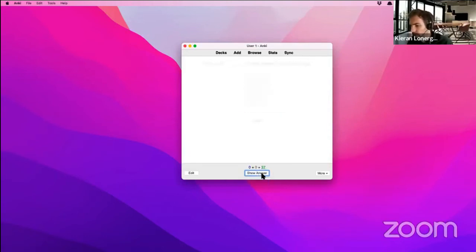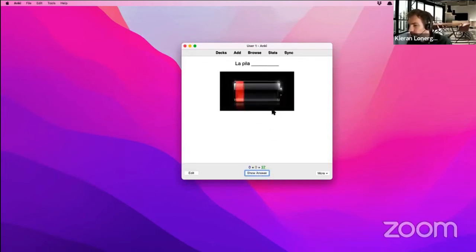And here we have another flashcard, la pila. Obviously, it ran out of battery, so the word I'm looking for is the word in Spanish that means that something runs out. And this is the word here, se agotó. Okay.